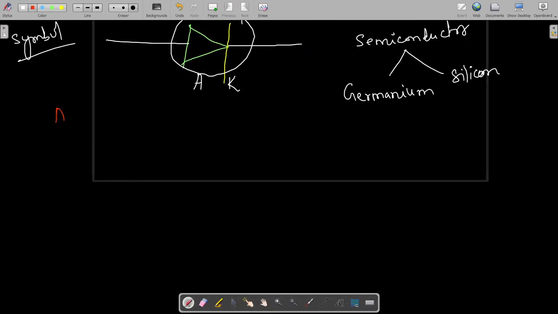Based on application, we can have many kinds of diodes.